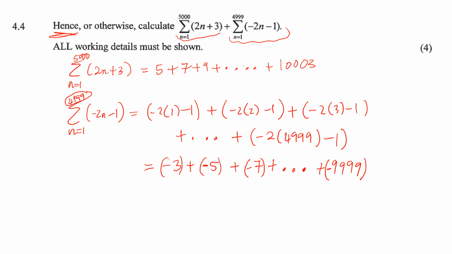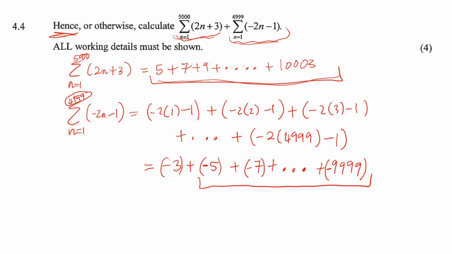Okay, can you see that there's something similar between these two sums, right? There's the first part of the sum, and the second part of the sum. These ones are positive, can you see them? And these ones are quite the same, but they have an opposite sign, which is negative, right? If we take it from here going there, and we take that from there going there, it's quite the same thing, and they have the same common difference.